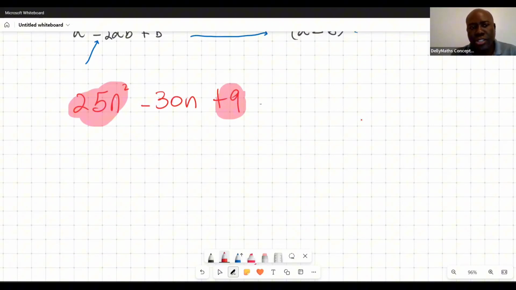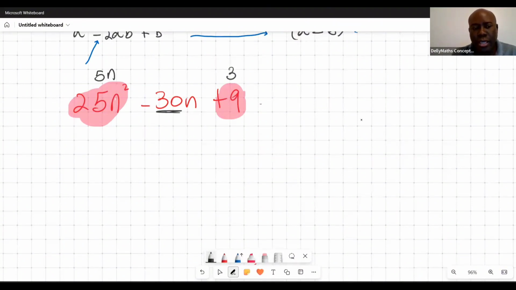If I take the square root of 25n squared, I'll get 5n, and the square root of 9 gives me 3. Let's check to see if we get our 30. 5n times 3 is 15n, and if we double that, we get 30n. So you can see this coming out, which gives you the quick confirmation that yes, it is a perfect square.